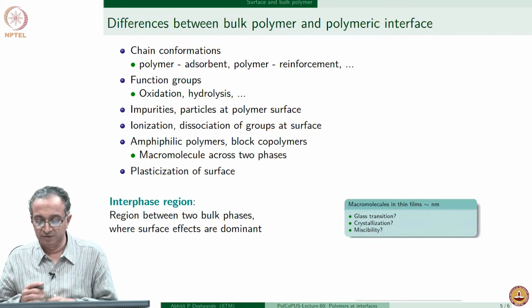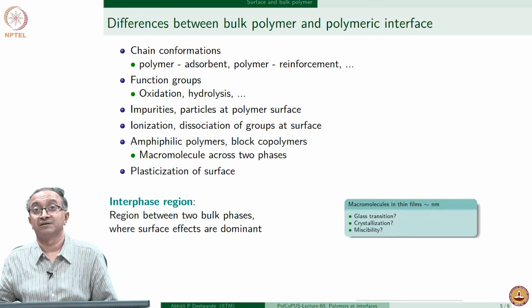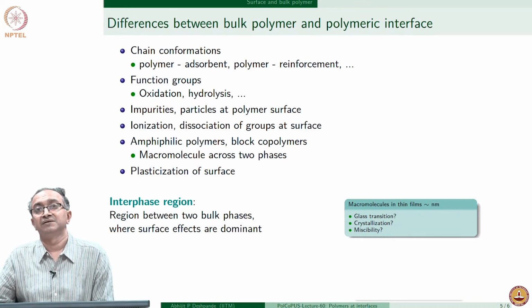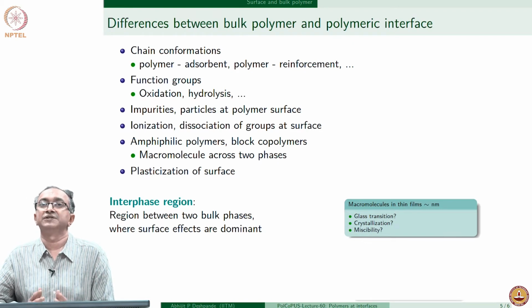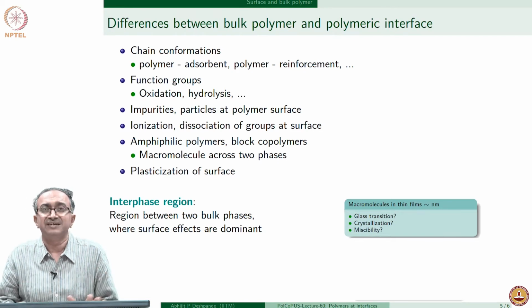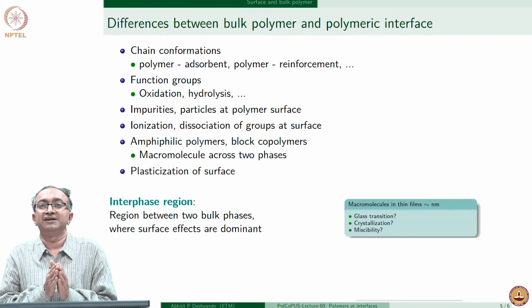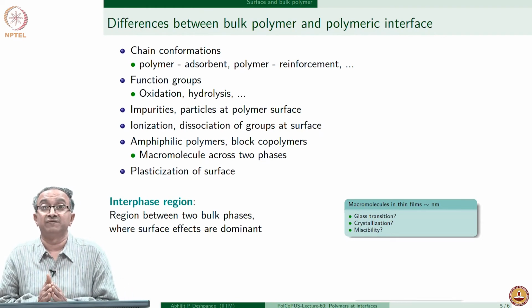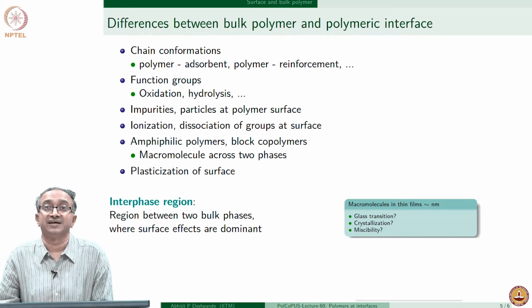So, one of the things you can think about is what happens when the film of polymer itself is very small, because we have highlighted a whole number of ways in which interfaces are different. Now, if I make a polymer film which is, let us say, a few nanometers thick, then there is no bulk.